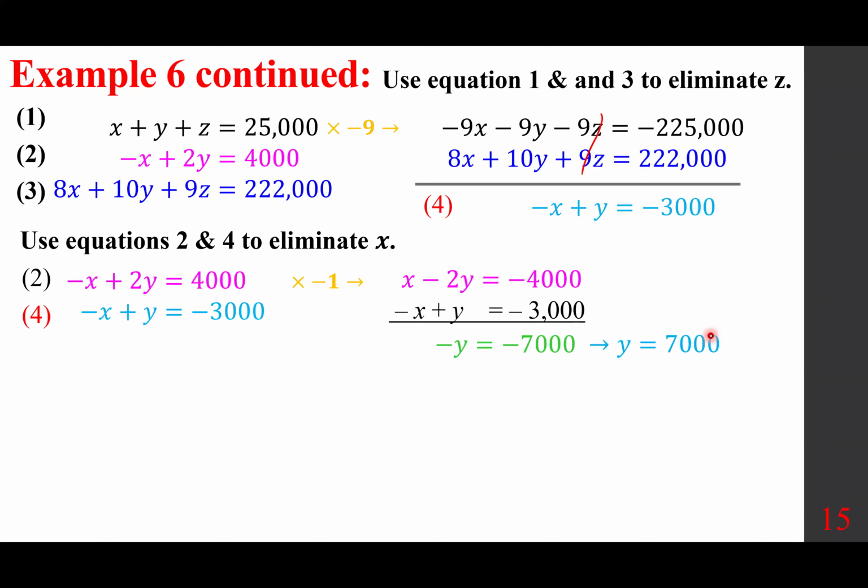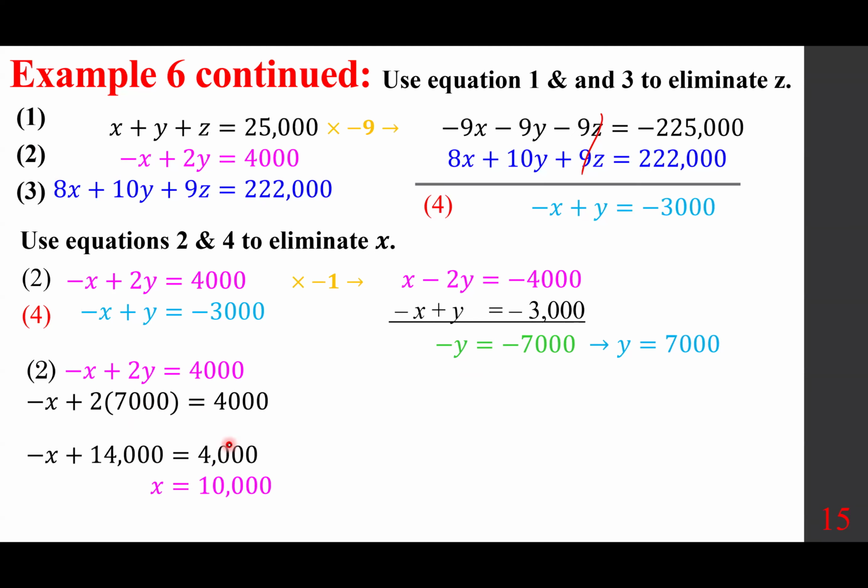Now, clearly, we'd rather use original equations to solve for a variable. So if we go with number 2 and replace what we just found, 2 times 7 is 14,000, subtracted.